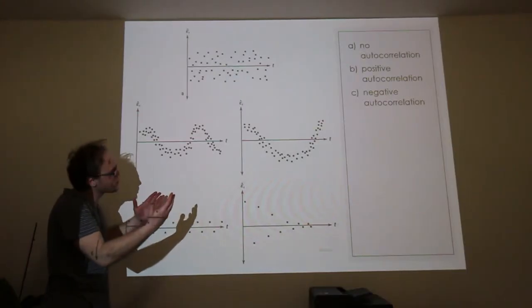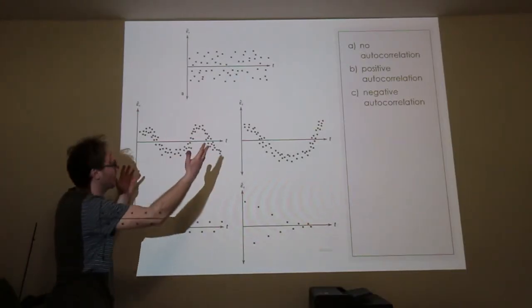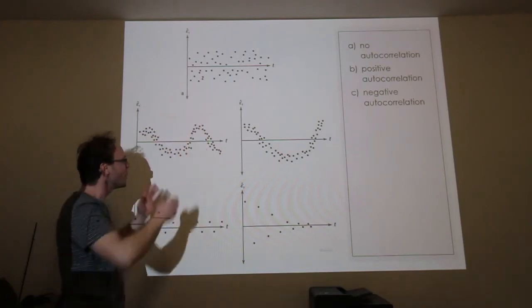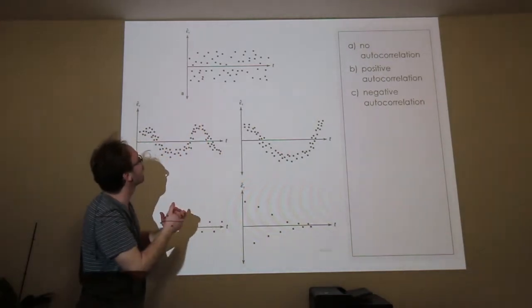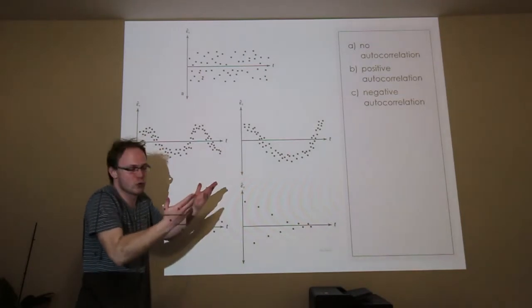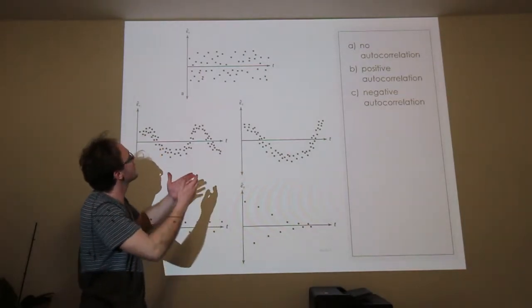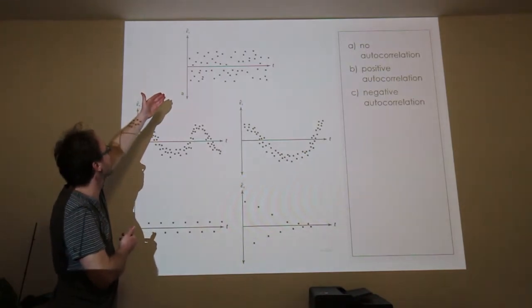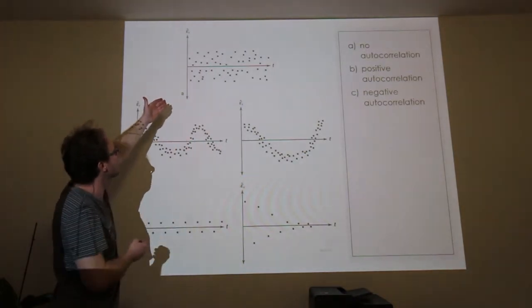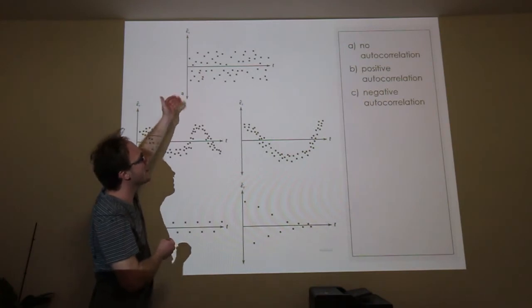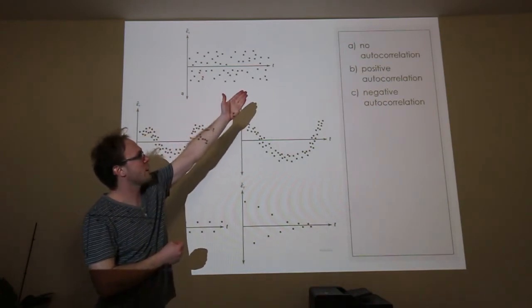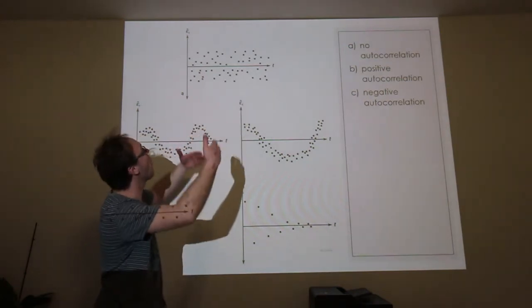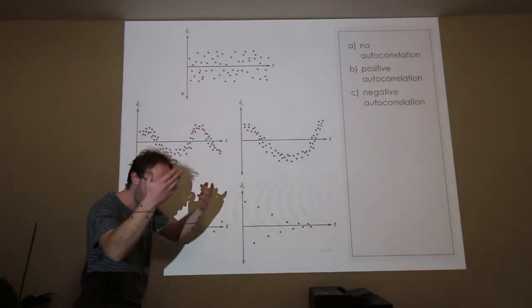I used a whiteboard, and I drew these charts for you, like an illustration. So you can see on the top of this table the first graph, graph A. We have written here in the legend no autocorrelation. Why?